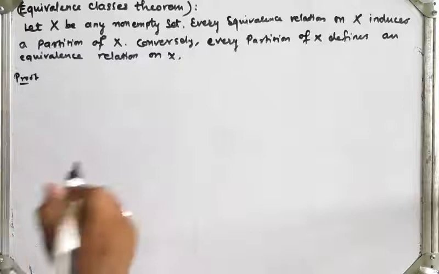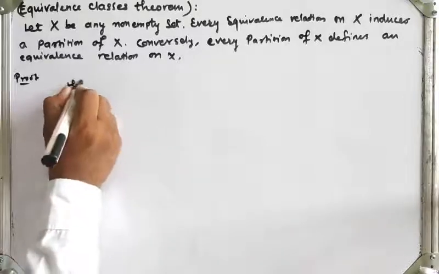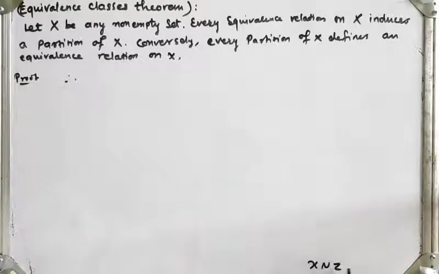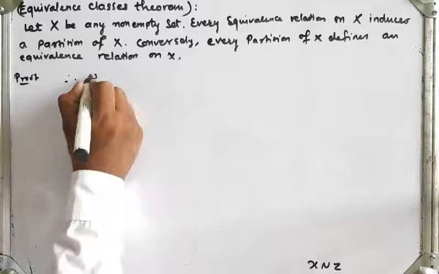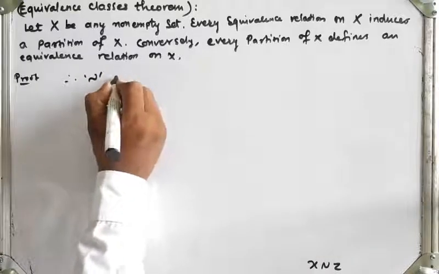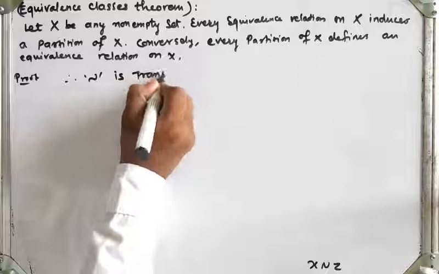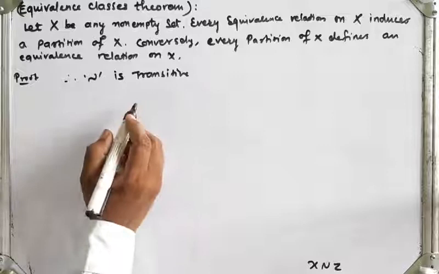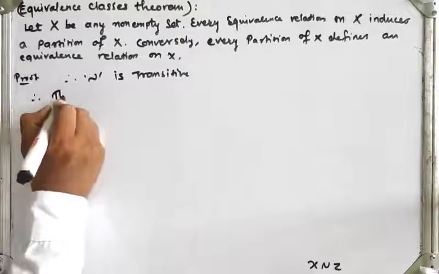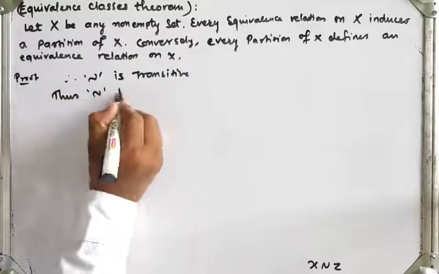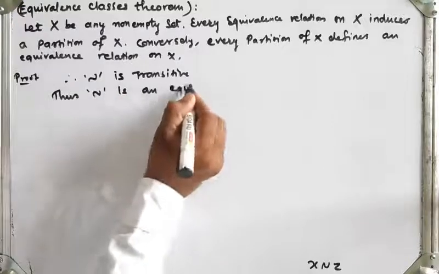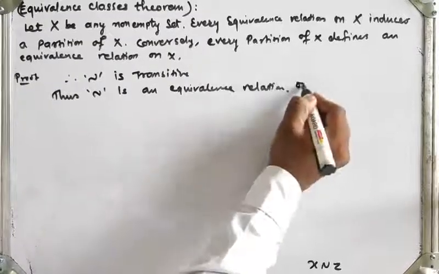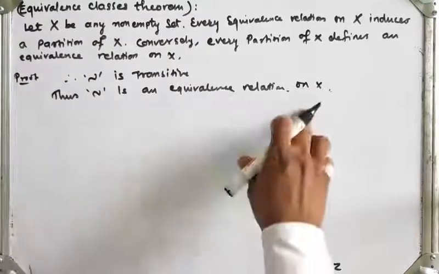So which shows that x is equivalent to z, and tilde is symmetric, reflexive, and transitive, which means tilde is an equivalence relation on set X. Thus we proved this theorem.